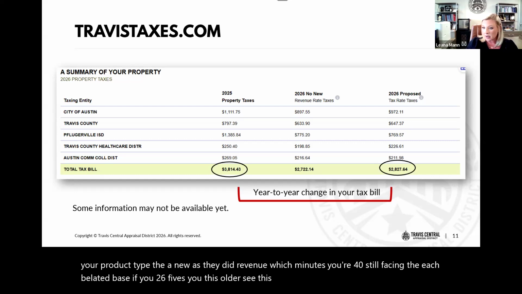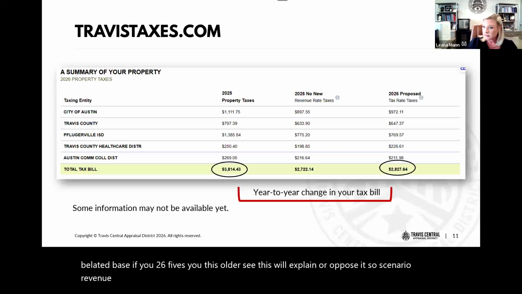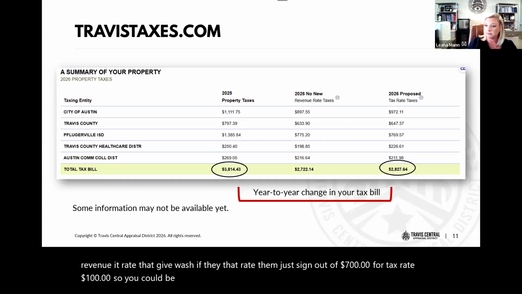So if they adopted that rate, that would give them just the same amount of money. It would be about $2,700 for their tax bill. The proposed rate is at $2,800 here. So you can see based on this, it is a tax increase because the proposed taxes are higher than the amount of taxes that would have been populated if they got no new revenue for this year.